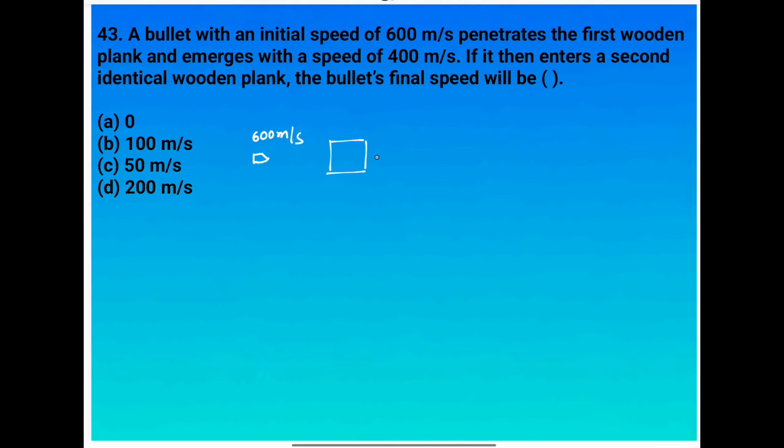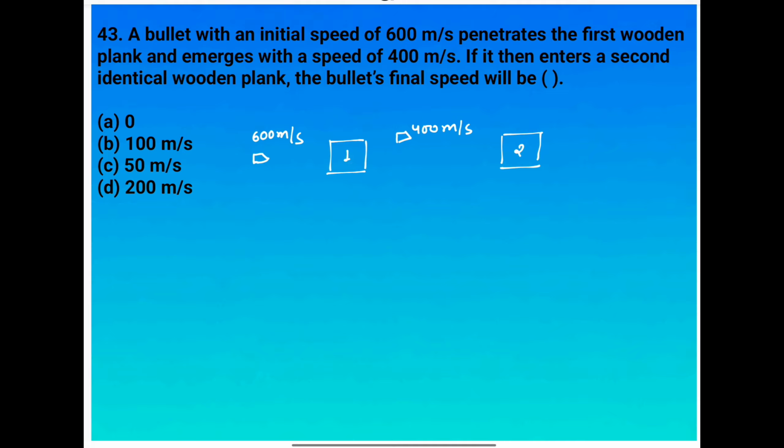When it penetrates, its velocity gets changed to 400 meter per second. Then there is another identical block too, and we have to find the final velocity of the bullet after it penetrates the second block.